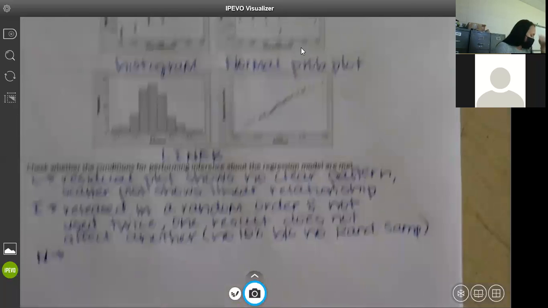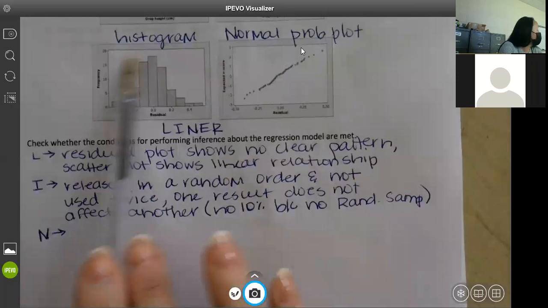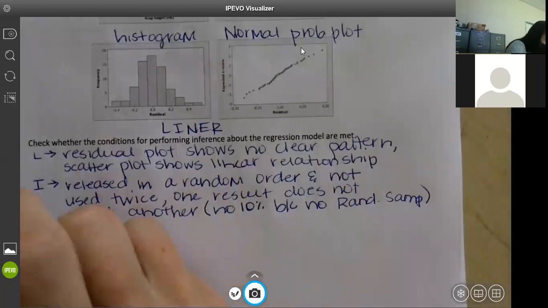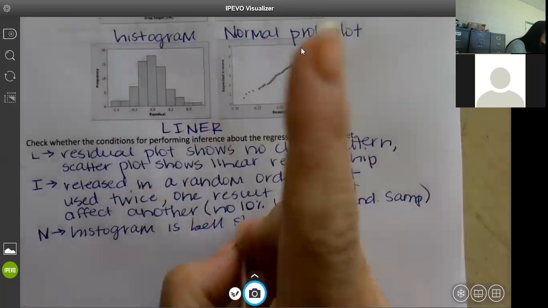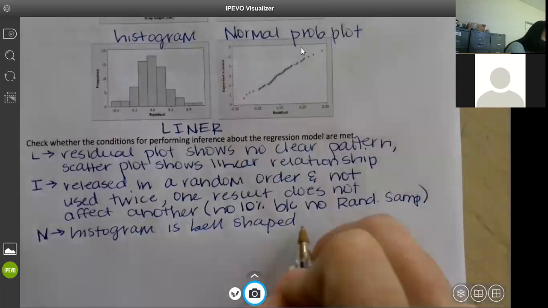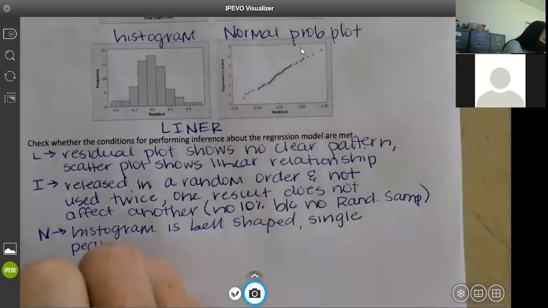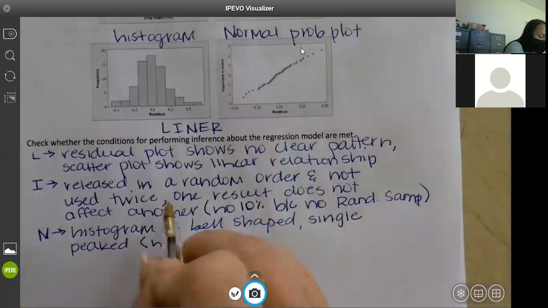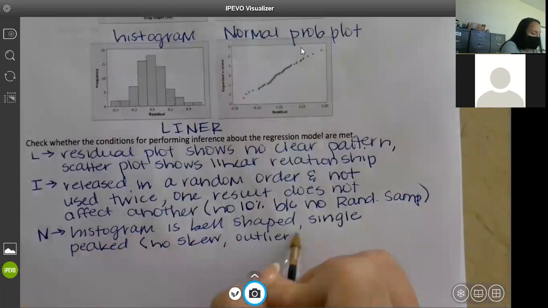And N is whether it's normal. And again, we're going to check that histogram or we're going to make our own box plot. Whatever you want to do is fine. This histogram is bell-shaped and single peaked, which means there's no skew or outliers. Remember, that's the same thing we've always been looking for.